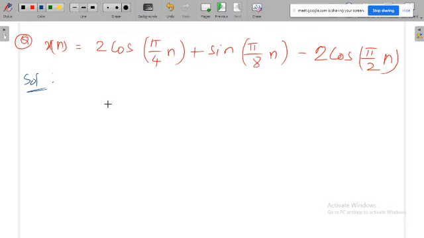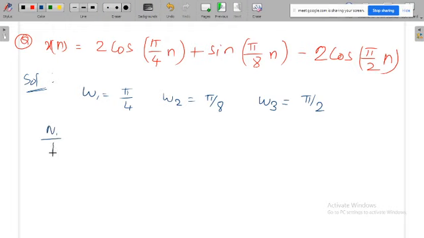First we'll calculate the individual periods. Individual frequencies: omega 1 is equal to pi by 4, omega 2 is equal to pi by 8, and omega 3 is equal to pi by 2. Definitely these ratios will be rational numbers.